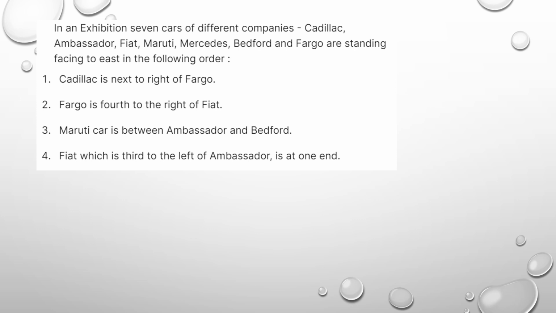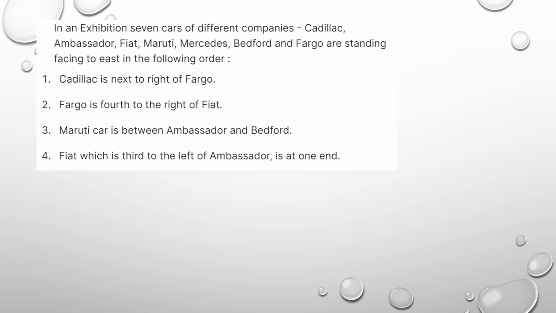Now Cadillac is next to right of Fargo. Fargo is fourth to the right of Fiat. Maruti car is between Ambassador and Bedford. Fiat, which is third to the left of Ambassador, is at one end.